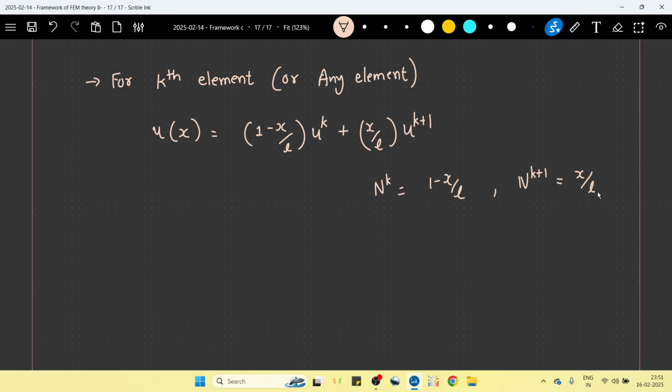And this is a generic representation of our solution. Let's write: this is a generic representation of the solution. Solution is nothing but u, or we can also call it the field variable.